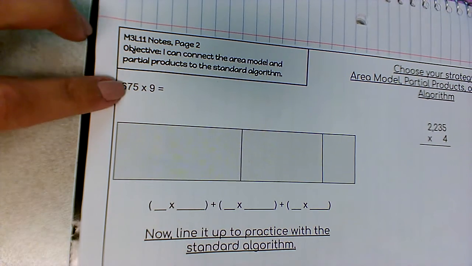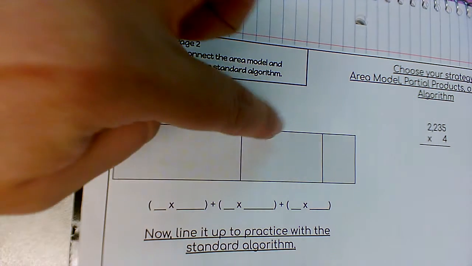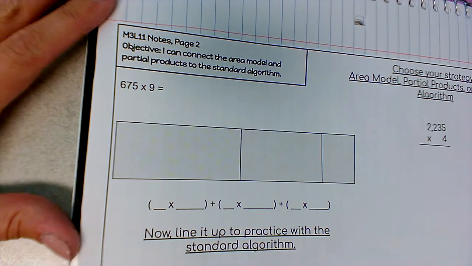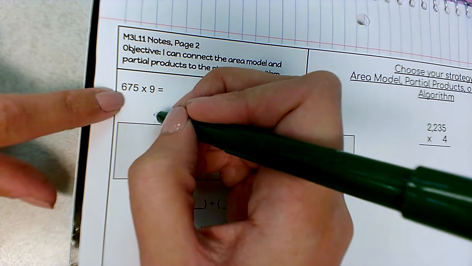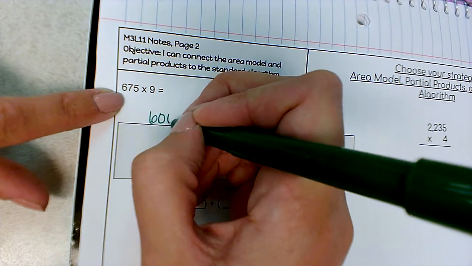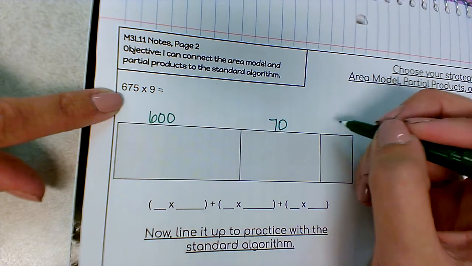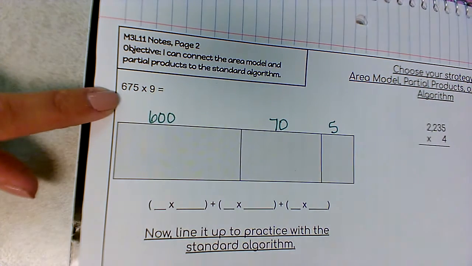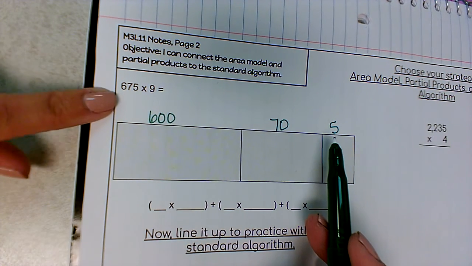So this time my problem is 675 times 9. So again, we're going to use our area model to demonstrate that problem first. So I'm going to label this side. We're going to start with 600. Then this box will be 70 and 5, because I know that this whole number represents 675.